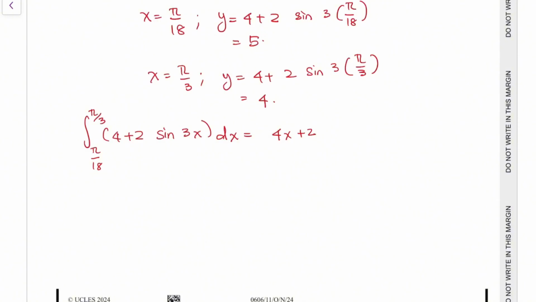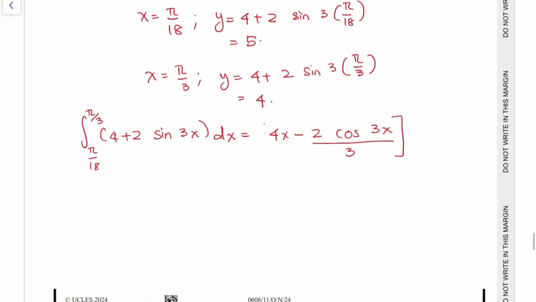Integrating sine gives negative cos, so I'll change the sign for 2. It will be minus 2 cos 3x, right? 3x still remains there, but I have to divide this by the derivative of 3x, which is 3. And then I need to apply the limits, from pi over 18 to pi over 3.